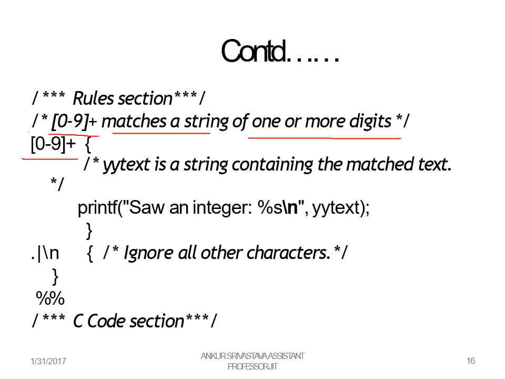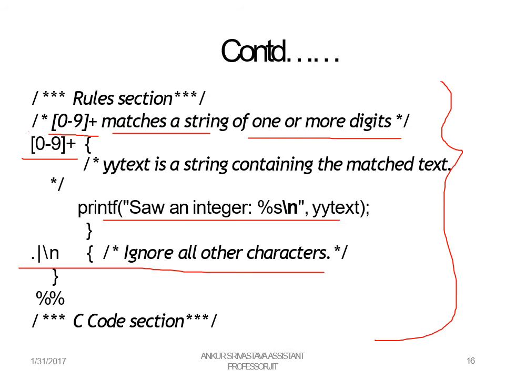If it matches, it will print an integer value. Otherwise it ignores all other characters inside the program. Like this, we have the rule section.